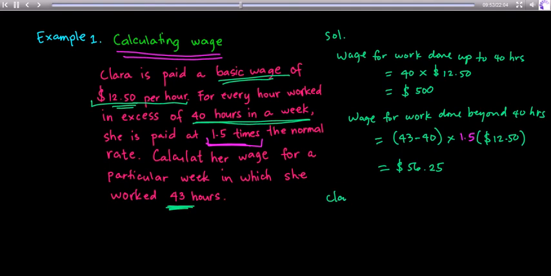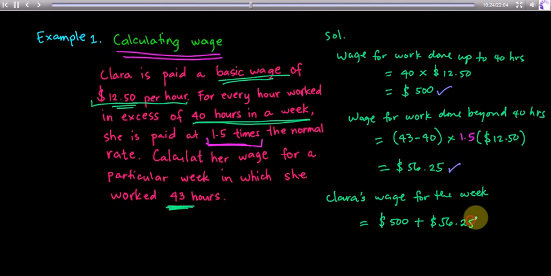Clara's wage for the week is equal to first $500 plus the $56.25, which is equal to $556.25.